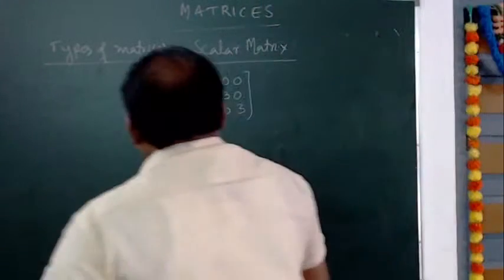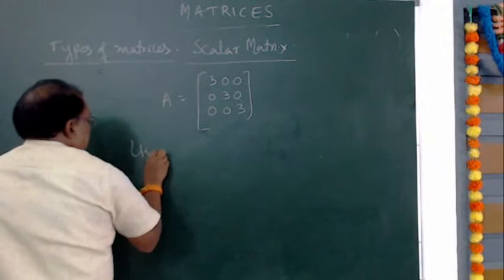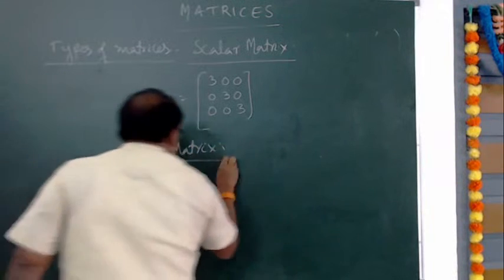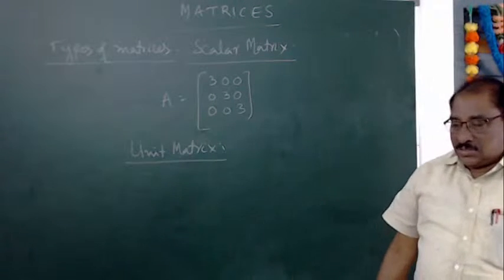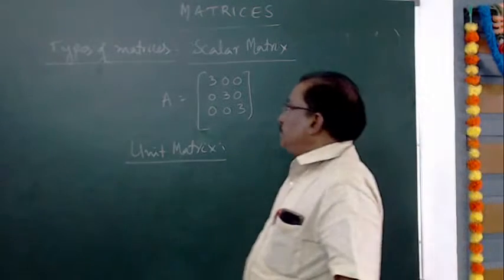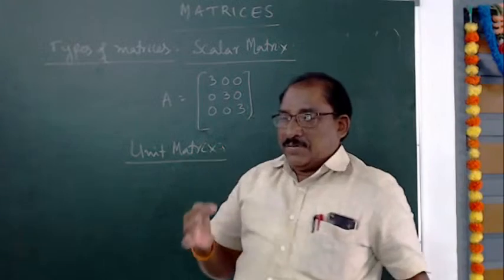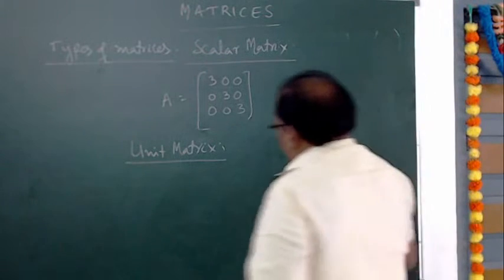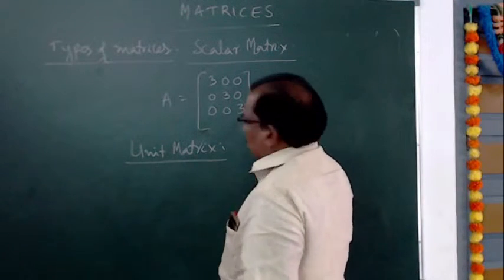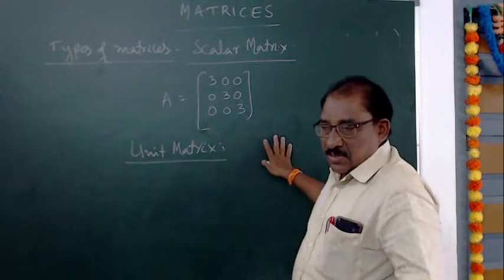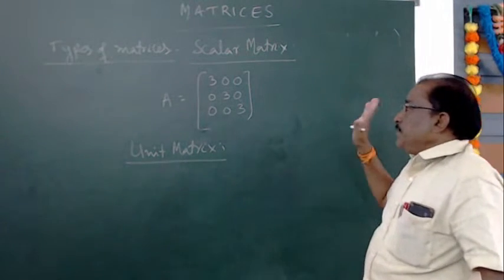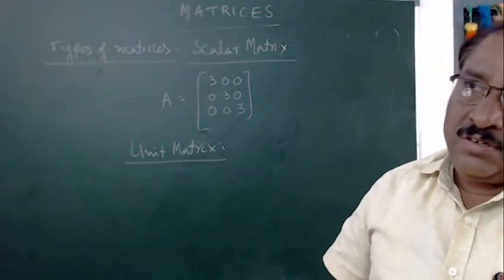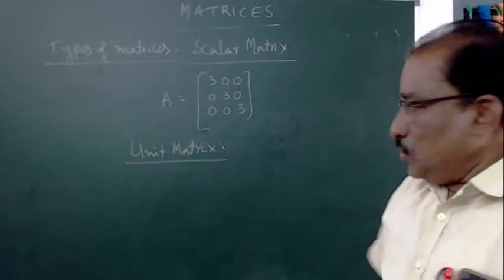Next, unity matrix. For every definition of the different types of matrix, first of all we take the unity matrix, a square matrix only. The definition of the unit matrix is: in a square matrix, the principal diagonal elements are equal to 1 and the non-diagonal elements are equal to 0.